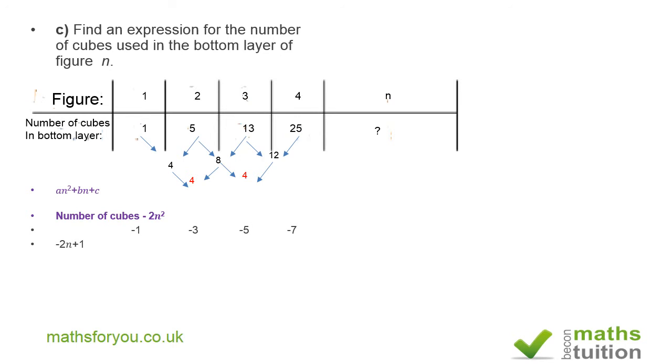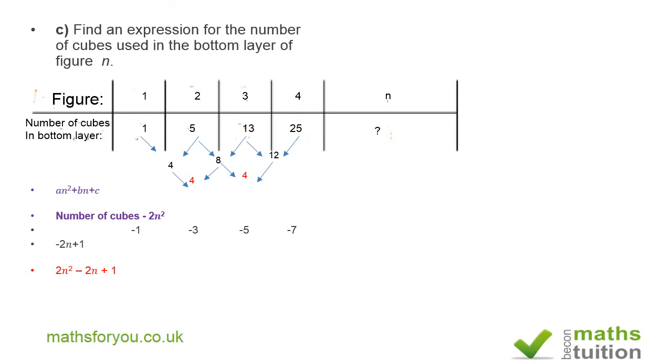So for this pattern of minus 1, minus 3, minus 5, minus 7 is minus 2n plus 1. And if we include 2n squared, we then have that the expression for the pattern 1, 5, 13, 25 will be 2n squared minus 2n plus 1.